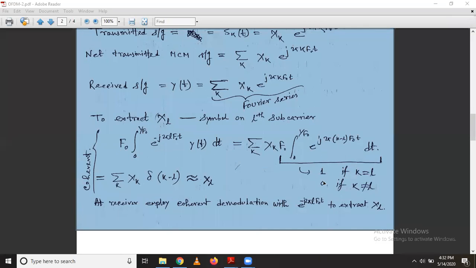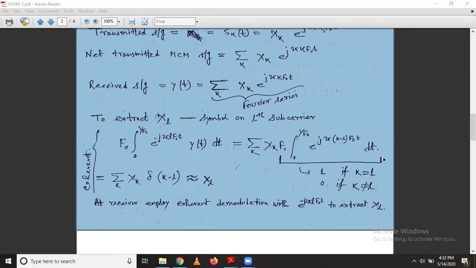This is the condition. Remember, I have written this thing here. This is the condition of orthogonality. Whenever k and L are equal, it will be 1. If these are not equal, it will be 0.